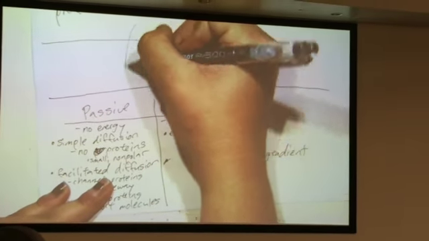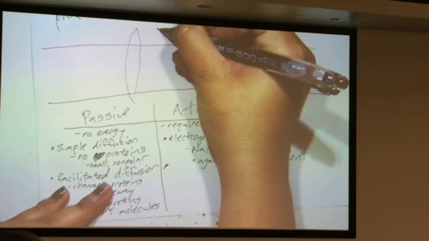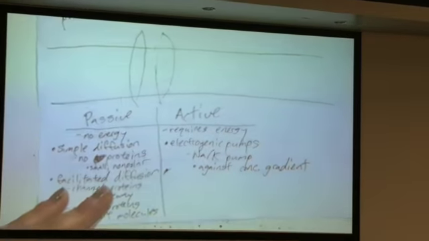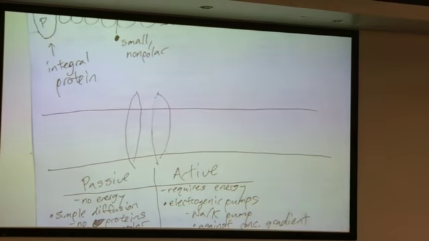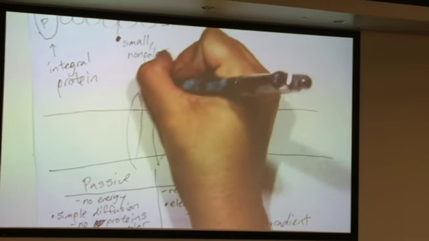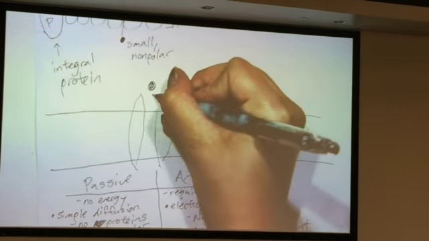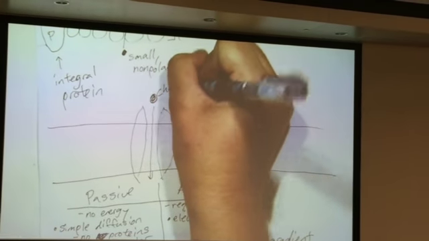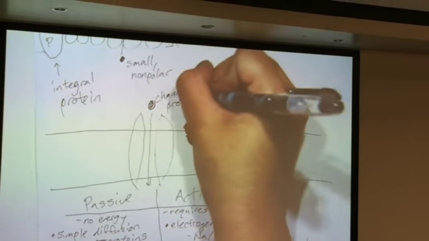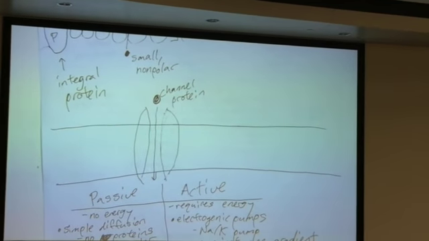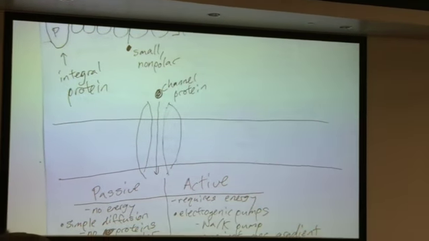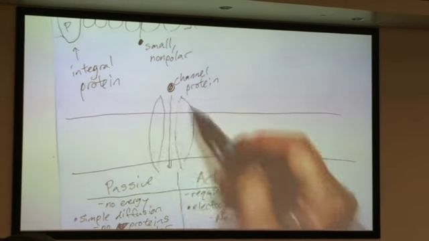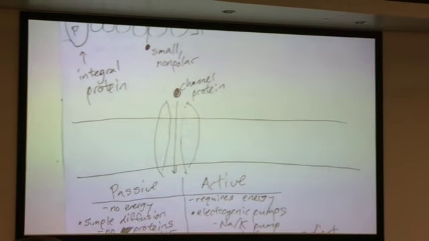So, let me draw these. For some reason I always draw proteins like this. I don't really know why, because they're not super nice. So this will be my channel protein. This isn't going to be a simplification because we're going through protein. My protein is this blob thing here.